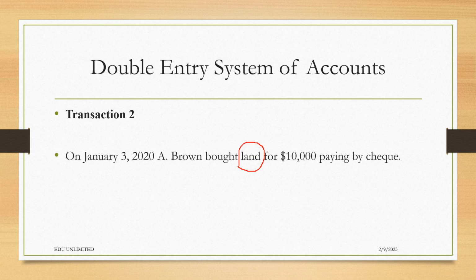And the other account concerned is cash at bank. Once we see the term check, we know that it is cash at bank. These are the two accounts concerned as we go now to do the double entry system of accounts.